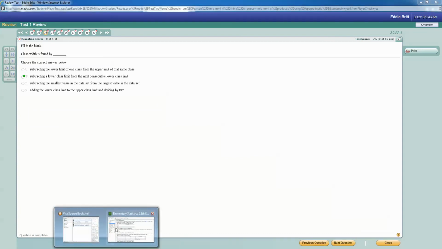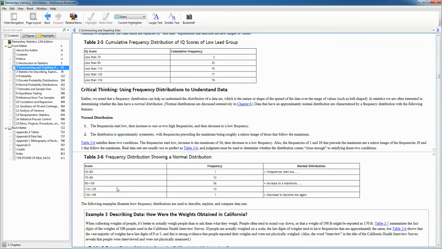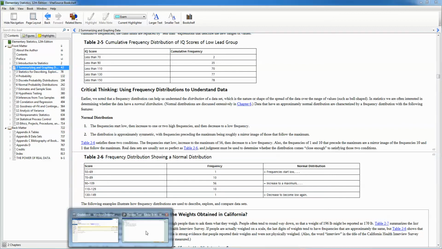So like, see these lower class limits and upper class limits here, you could just say 70 minus 50, you get 20, or 90 minus 70, you get 20, or 110 minus 90, you get 20. That's the class width.